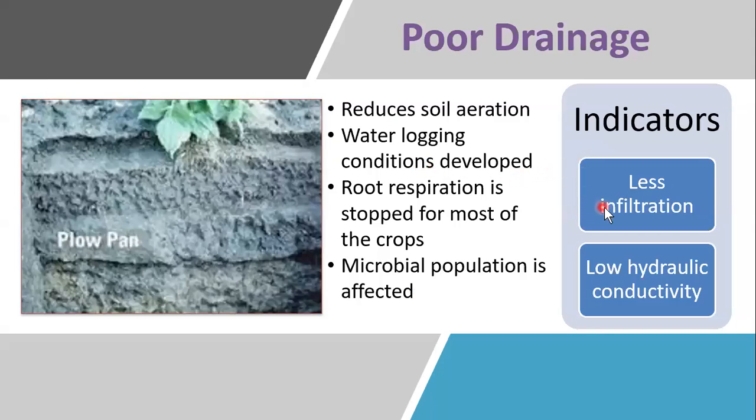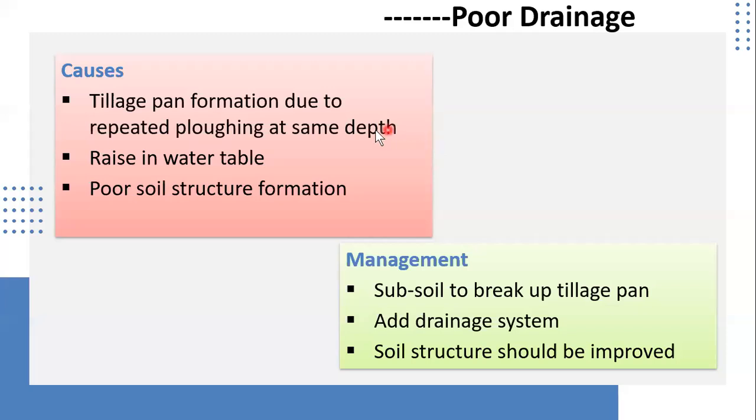So indicators: less infiltration, low hydraulic conductivity in the soil. These are the indicators we can see even by naked eye, whether the water is being infiltrated. We also have equipment to know the hydraulic conductivity. So there are a few causes. Tillage pan formation is due to the repeated plowing at the same depth.